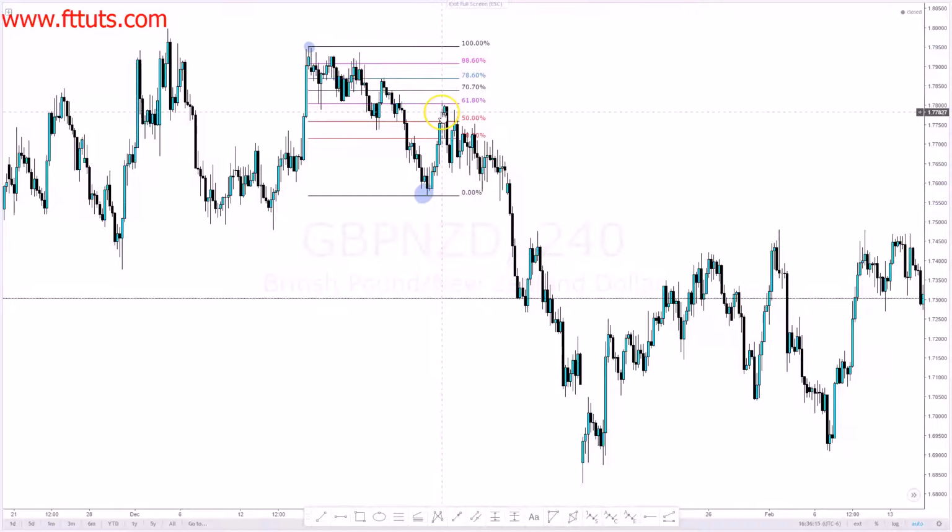Where do we see price come and reject off of? The 61.8, right here. Color that red. That's our strong support and resistance right there. Resistance, 61.8.